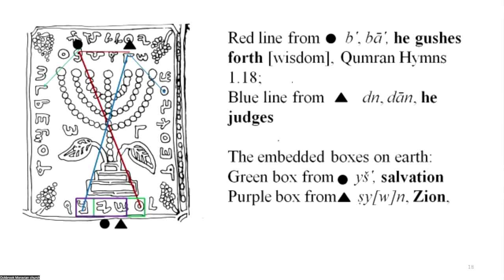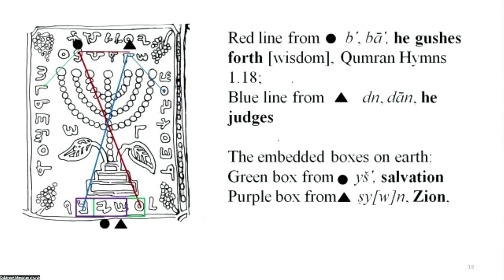And so if you start with the purple box and read it from the triangle out to the left, you have the word for Zion, or it could be the flock of sheep. And if you read the green box to the right from the black circle, you've got salvation.